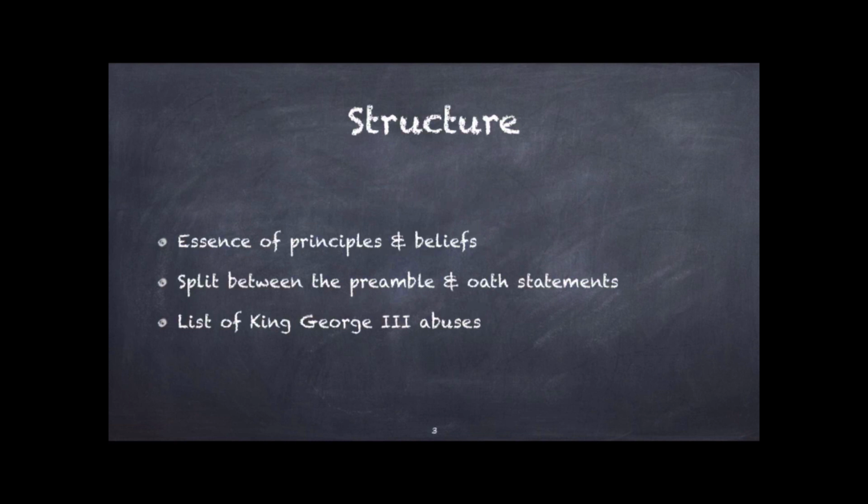So the structure. It starts with the essence and principles with which the U.S. was founded. These principles are split between the preamble, which is the opening, and the closing, which is called the oath statements. Let me back up, explain to you what a preamble is.